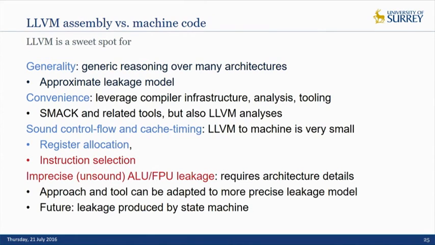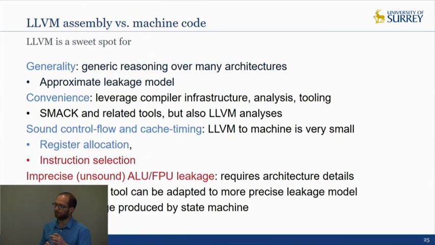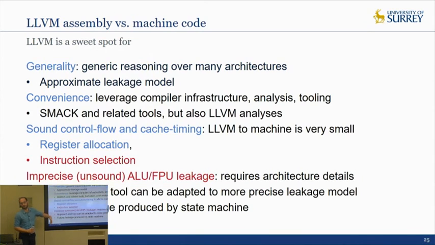But if the thing that you're depending on from LLVM IR is the loop analysis, you actually have that also in the machine code layers. So how difficult would it be to apply the same techniques there? It would not be, actually. The main issue is really engineering the tools. And the main interest of doing it below is really to have more precise modeling of what the leakage is, which is something that chip manufacturers are not really happy to give up.